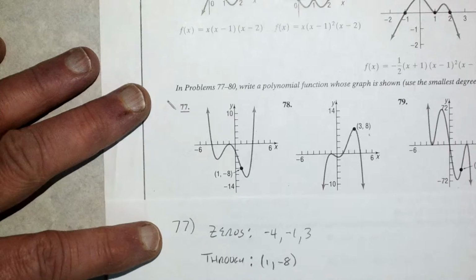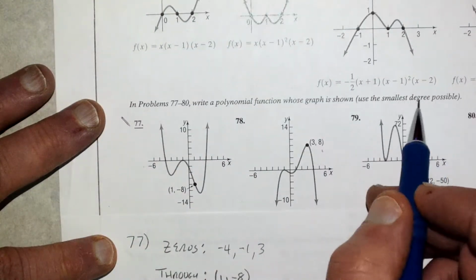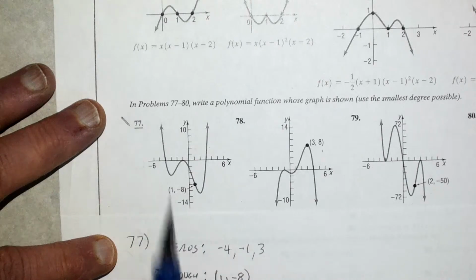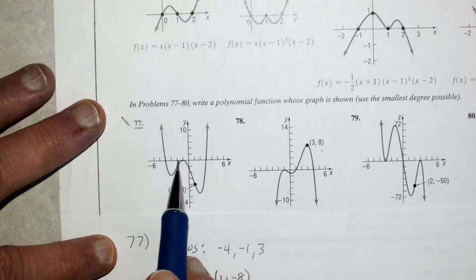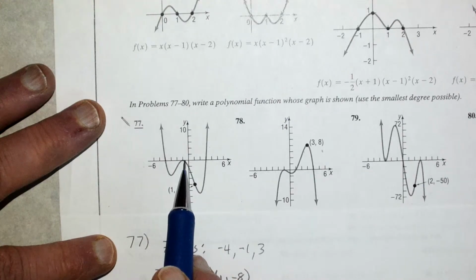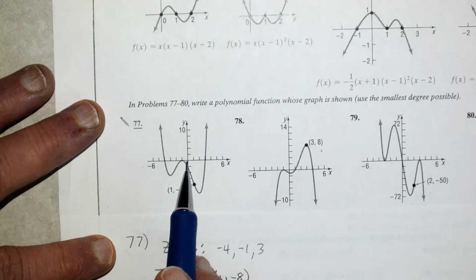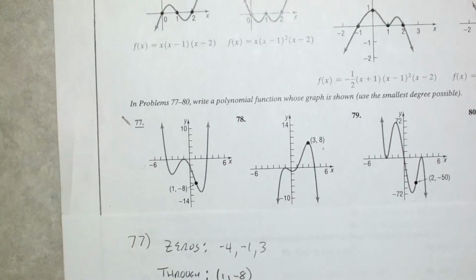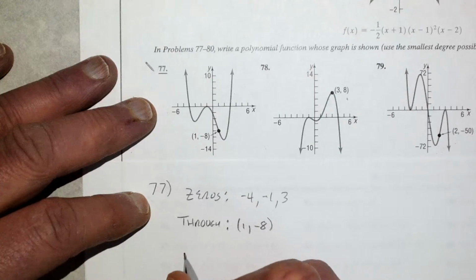By the way, it did mention here smallest degree possible, so we're going to go for a fourth degree polynomial. It could be more than that, but it has to be at least a fourth degree, because this has a multiplicity of 2, and these have a multiplicity of 1 and 1, so that's a total of 4 zeros, right?